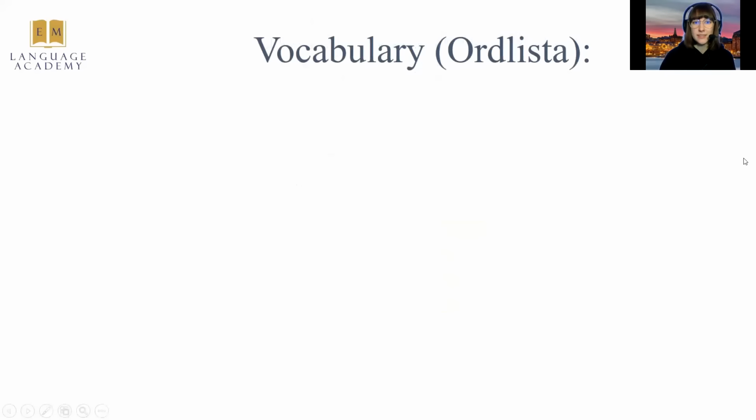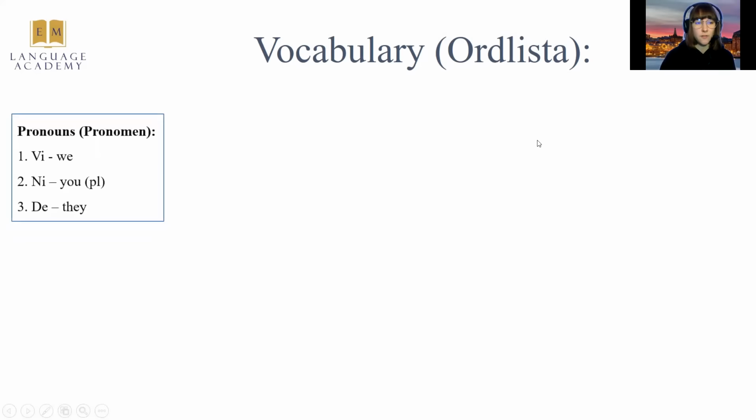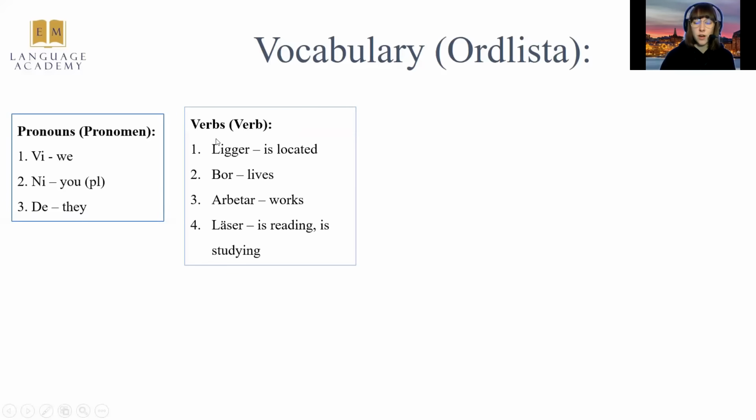Now, maybe let's revise the vocabulary, or ordlista. First of all, we have pronouns, pronomen: vi, first person plural, we; ni, you, meaning that we are referring to a group of people, second person plural; and dom, or they, either a group of males or females. Then we have verbs. Ligger, is located.